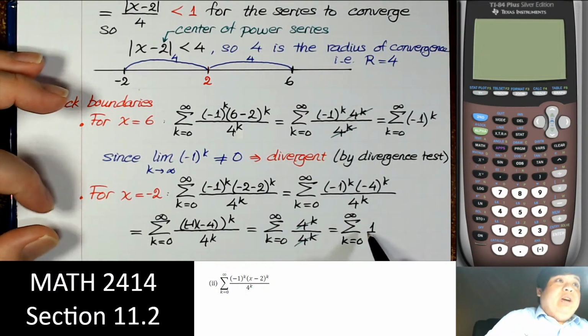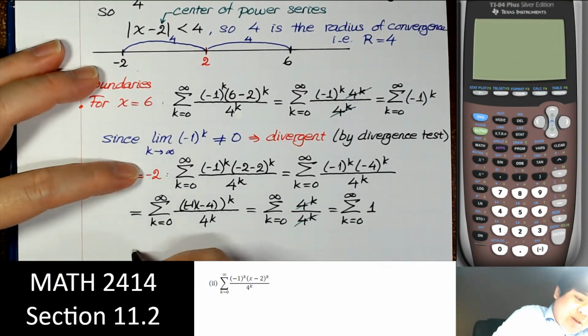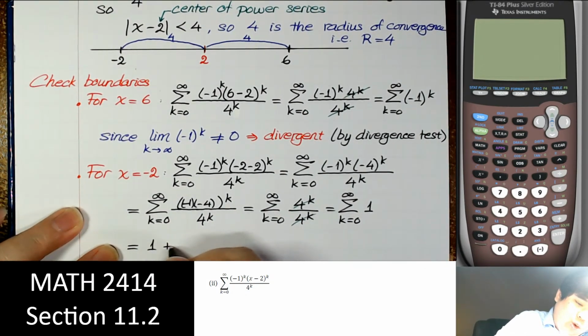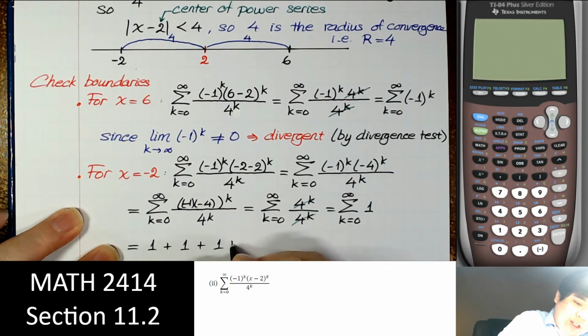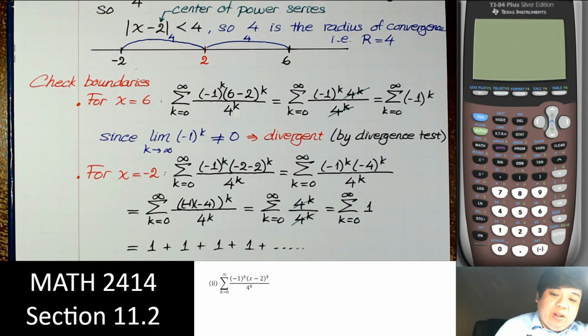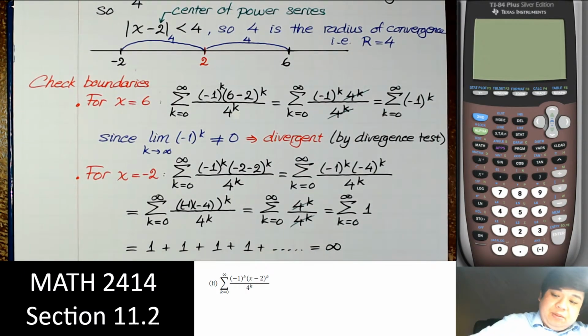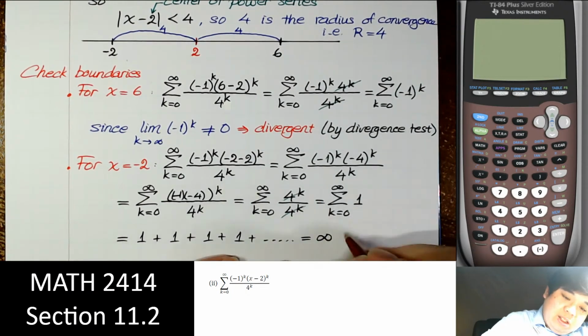Now that one we don't even need to use any test, just common sense. k equal to 0 to infinity, meaning that this one is equal to 1 plus 1 plus 1 all the way to infinity. And if we just keep adding like that, it will be infinity, which is divergence.